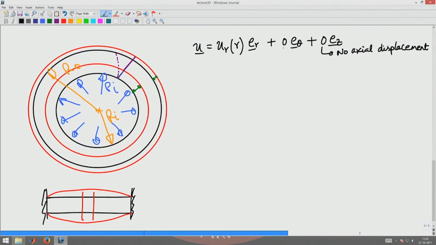And there is no circumferential displacement because the cylinder is assumed not to rotate or twist due to the application of the inside pressure.